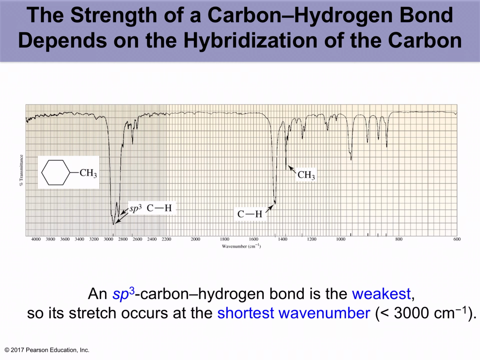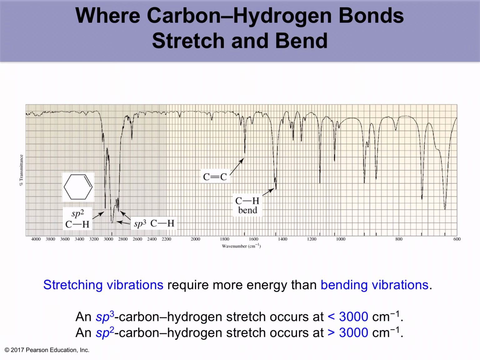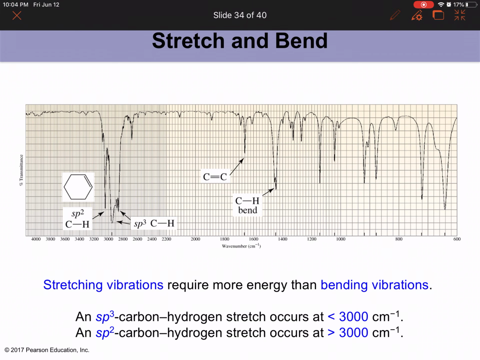And then we can compare it with an sp2 carbon-hydrogen stretching. Now this one is cyclohexene. Let me draw that for you. There is a hydrogen here and a hydrogen here, and then you have hydrogens in all these places.